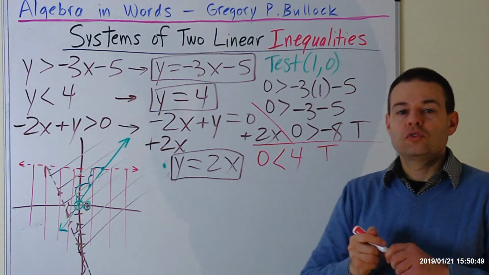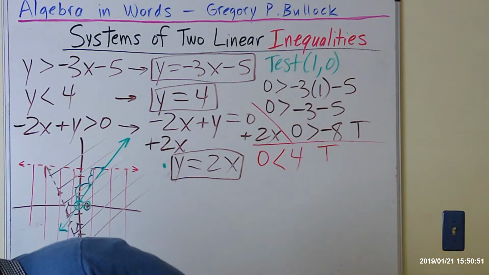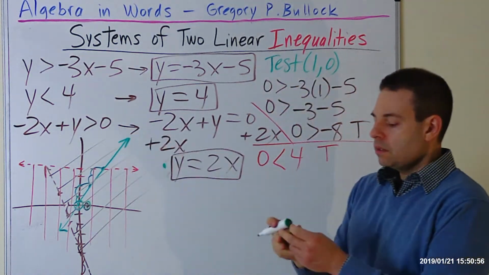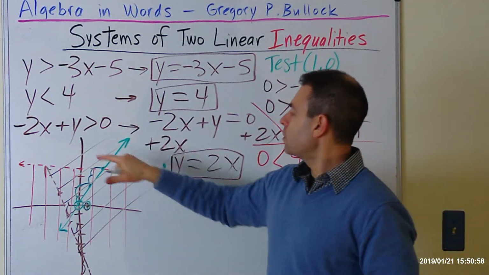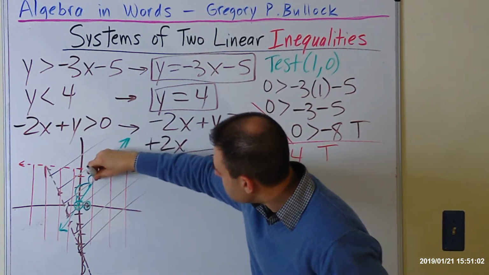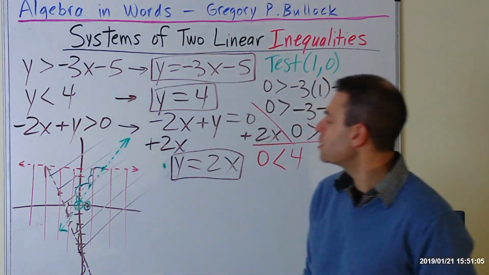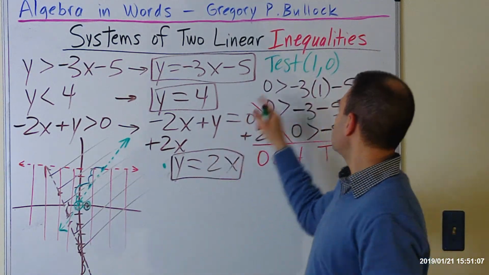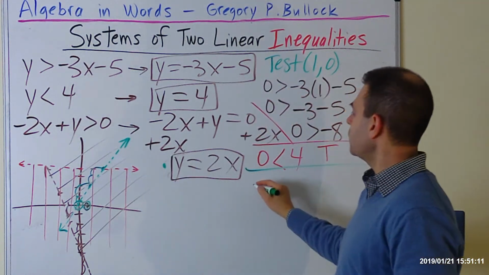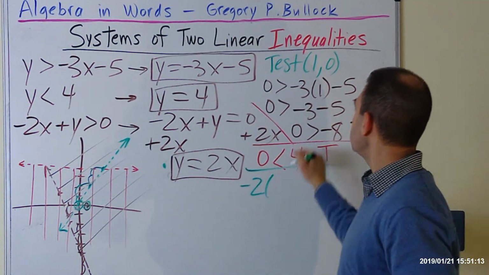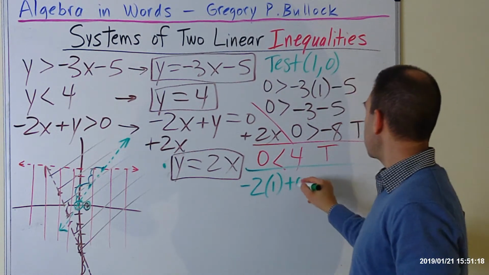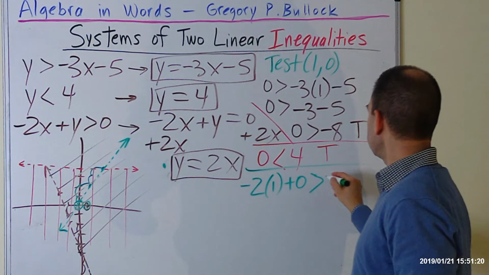And that brings us to the last line, which would be this one. Now, before we go on, remember this is non-inclusive. Let's make sure that we make this line dotted so it's correct. And now we're going to take the test point 1, 0 and put it into this. I'm going to squeeze it in over here. So -2 times 1 in for x plus 0 in for y is greater than 0.